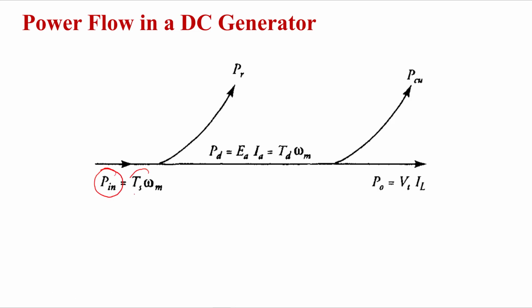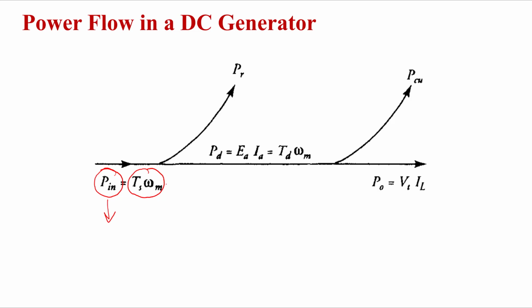By multiplying the supplied torque into the speed of the machine, or speed of the drive. If the generator is driven by a motor or a diesel engine, then the speed of the shaft of the diesel engine and the torque provided by it will give me the input power.